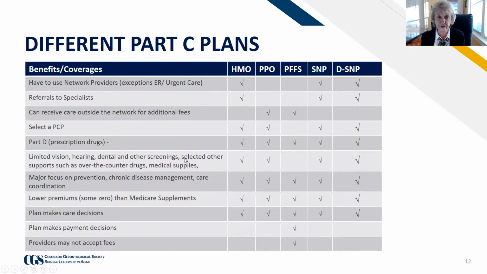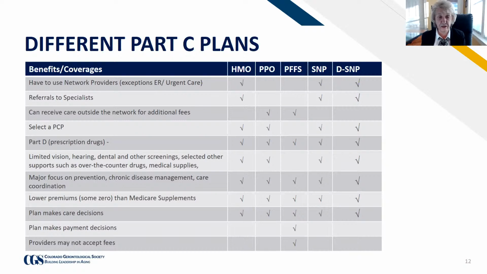Some offer other supports, including things like over-the-counter drugs, medical supplies, and continence supplies. The majority of Medicare Advantage plans focus very significantly on prevention programs. They also focus on chronic disease management and care coordination. That is usually part of their quality assurance programs that they have to report to Medicare.